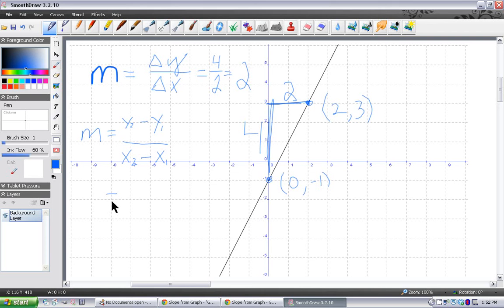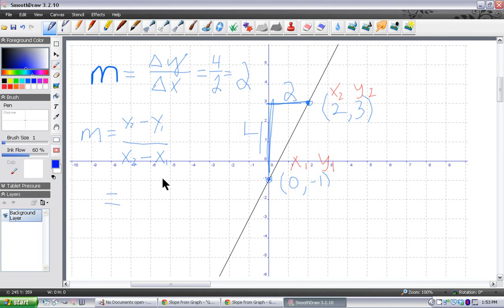So let's continue this. y2, the y from my second point, let's label these. And I'll pick a different color so you can see the labels and how they work out. So this is x from my first point, and this is y from my first point. This is x from my second point and y from my second point. We'll go back to our blue here.